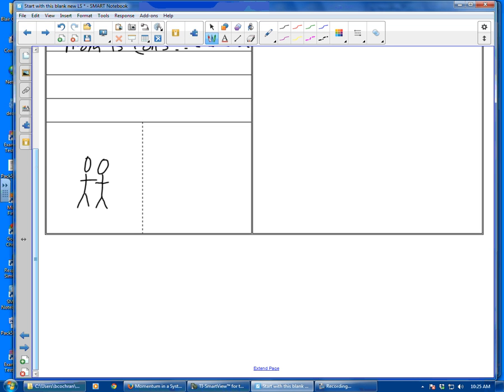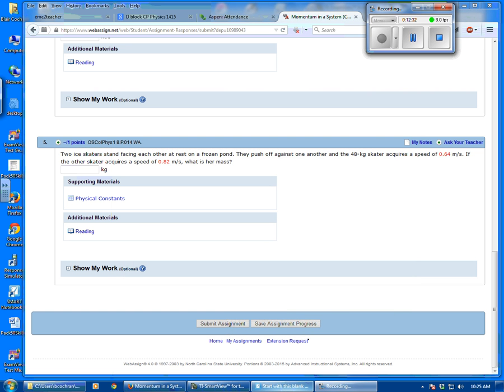If they're just standing there, how much is their momentum together ahead of time? 0. And they're one body ahead of time, and how many afterwards? Do they classify them at all? Do they say a boy and a girl, or skater 1 and the other skater?